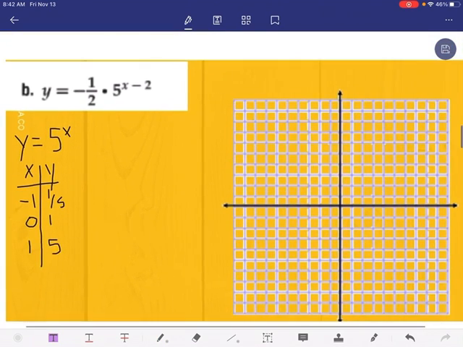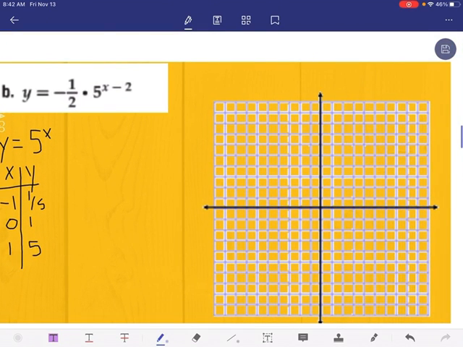So if we were to graph that, we would get something like this. So that's going to be our parent function.